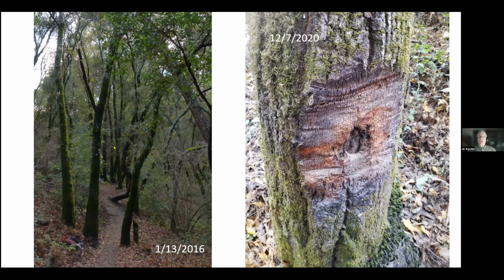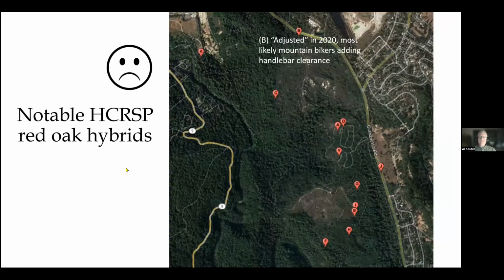It's healed itself. Thank God it was an older tree and not a younger tree. So there it is, tree B, adjusted quotes in 2020, most likely mountain bikers adding handlebar clearance. So that's a sadness.